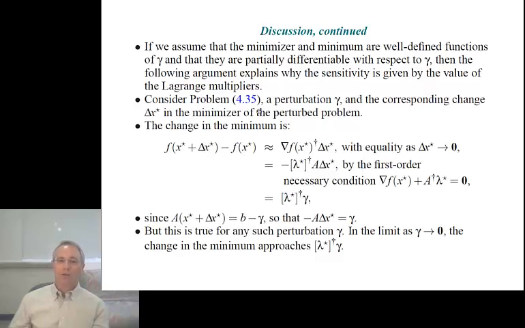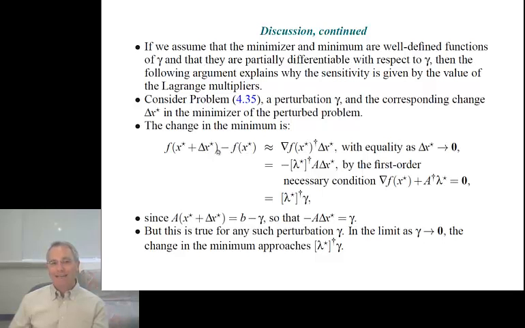The reason is as follows. If we've got our problem 435 and a perturbation vector, then we consider the change delta x star in the minimizer of the perturbed problem compared to the original problem. We want to estimate the difference between the minimum of the original problem and the minimum of the perturbed problem. The minimum of the original problem is f of x star, where x star is the minimizer of the original problem.